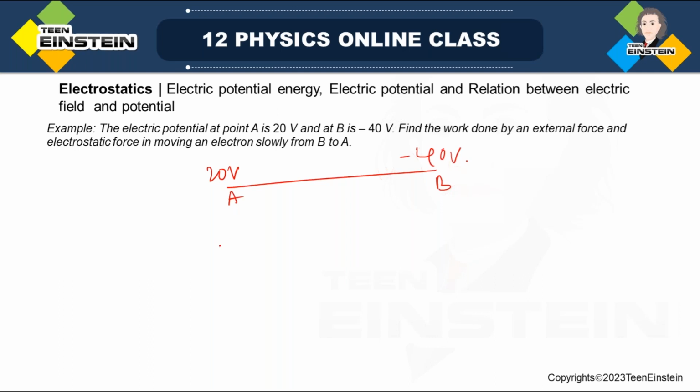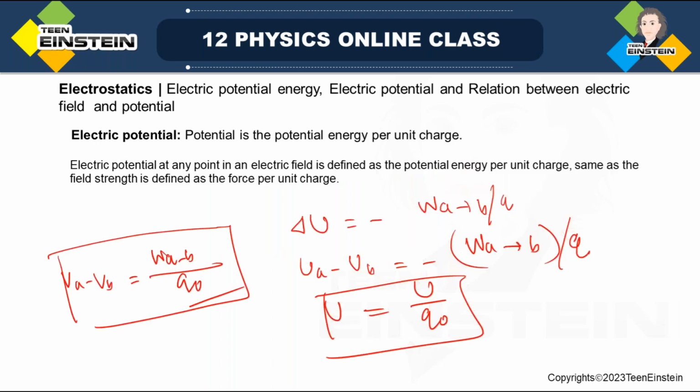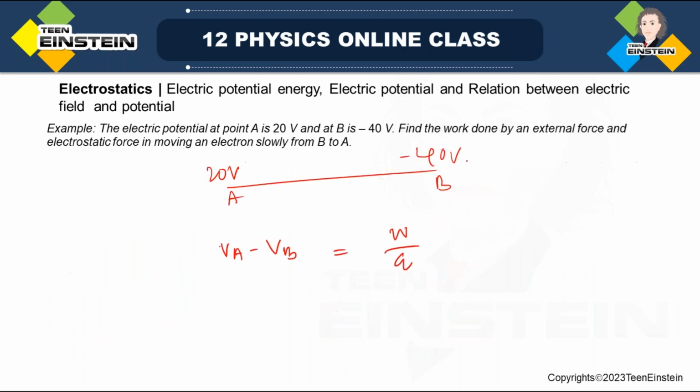So look, VA minus VB is actually work done divided by Q, which we saw in the previous slide. There are two works done to calculate here.